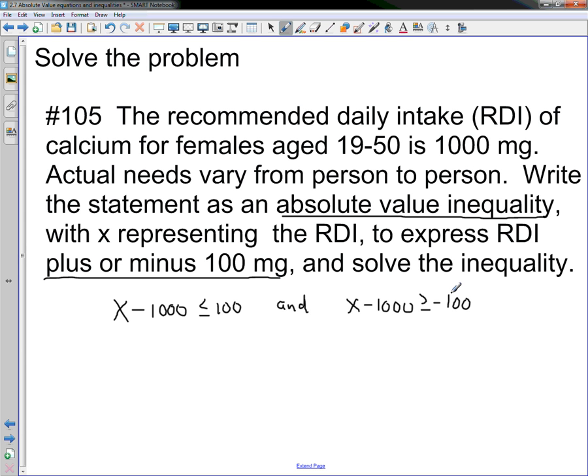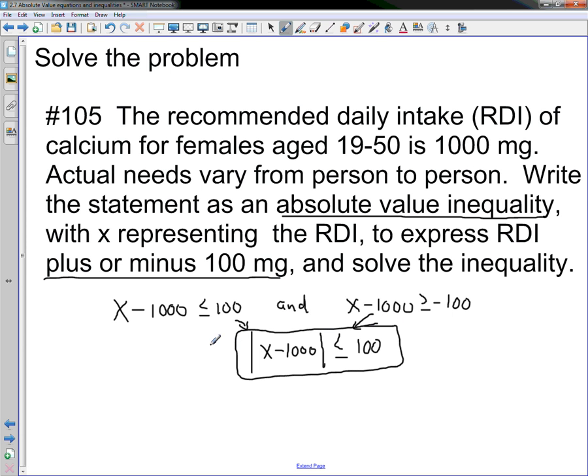Hopefully you're noticing that this falls into the less than absolute value, where we have the absolute value of x minus 1000 is less than or equal to 100. If we were to split this apart, we would get the original, and you would flip the sign to get to your negative. So we're working backwards here. We've created the two different ones, and we're trying to get to the single one. Okay? So this would be our absolute value inequality.